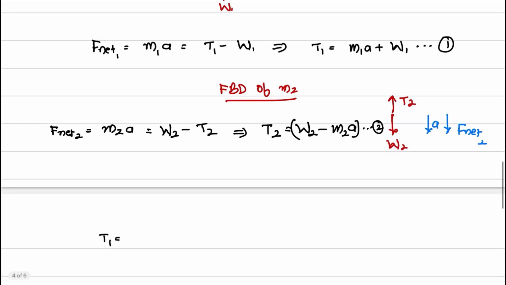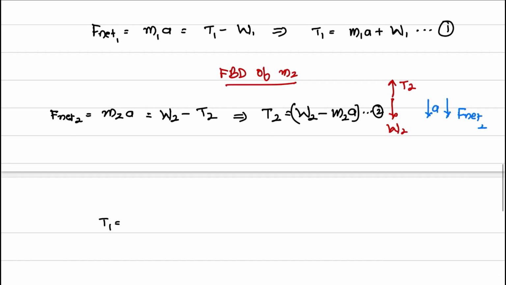T1, because we have to find out the tension in the string, then only we will be able to find out the acceleration, and then we can apply conservation of momentum, and we have to find out the moment of inertia. From there we have to find out the moments, then we have to apply the principles of equations of motion. Lot of steps are there.